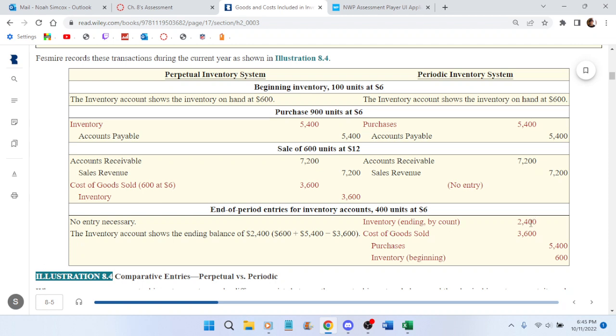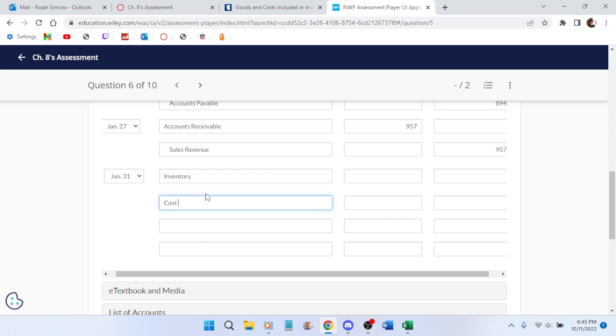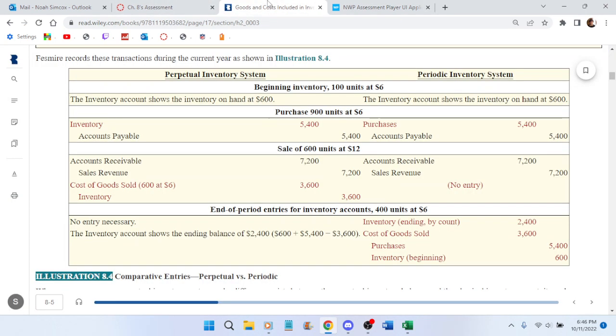First you count your inventory and get this. Then for cost of goods sold, you do the calculation I've been doing this whole time. And then you completely empty out the purchases, undoing all of your purchases that you already did.